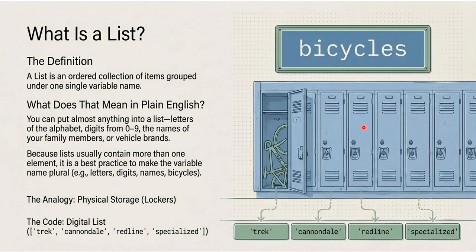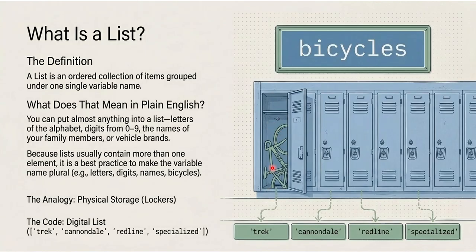One thing you have to keep in mind is that we humans generally start counting from one. This is the first cabinet, this is the second cabinet, this is the third cabinet. But in Python, the position number starts from 0.